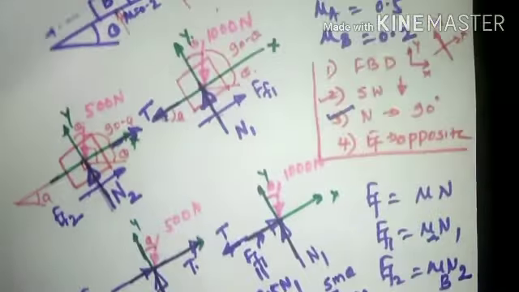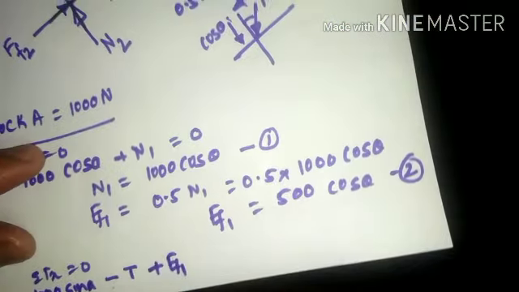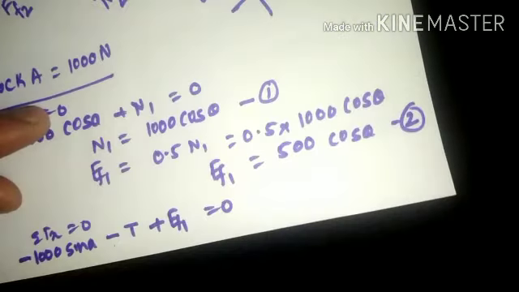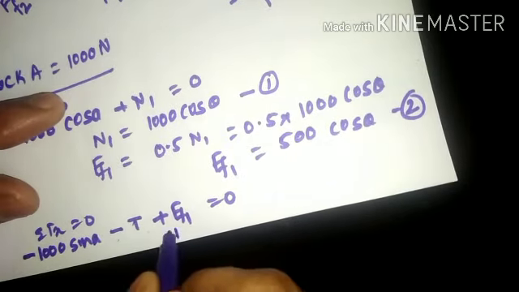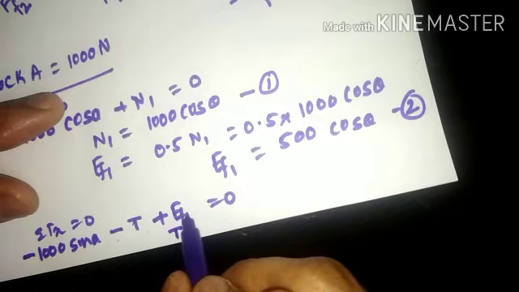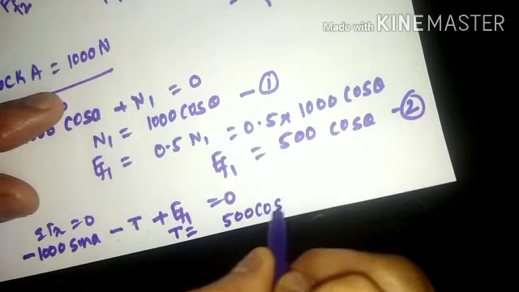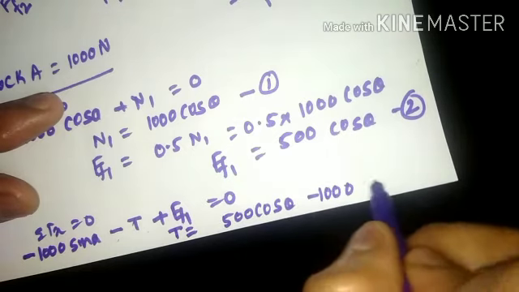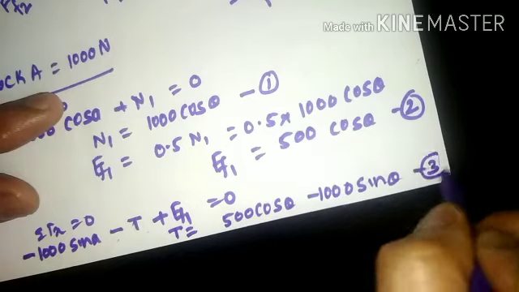Because the block moves downward, so the frictional force will be shown in the upward direction. So plus F_F1, and that is equal to 0. So when you take T to the right-hand side, T is equal to F_F1, whose value is already known, which is 500 cos theta minus 1000 sine theta. This is equation number 3.